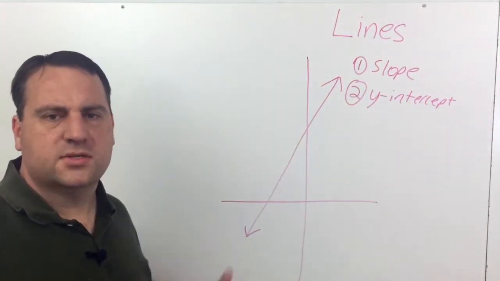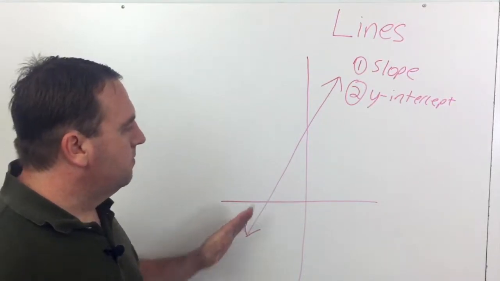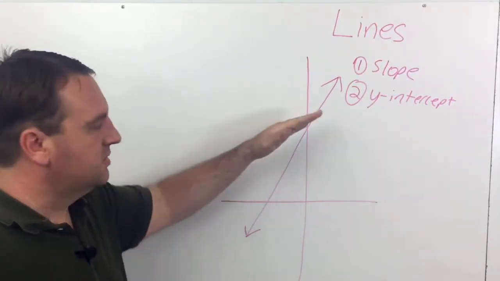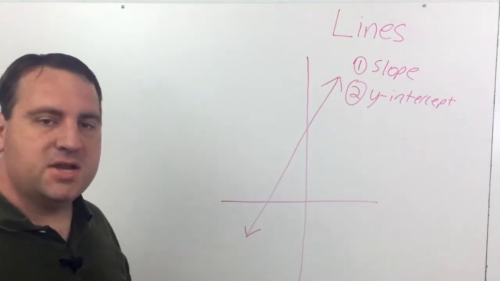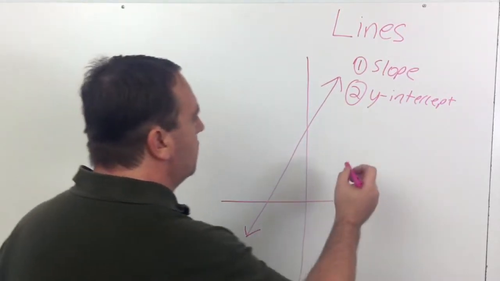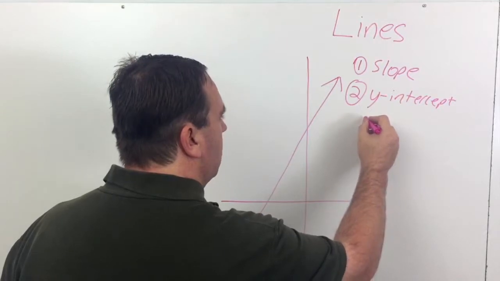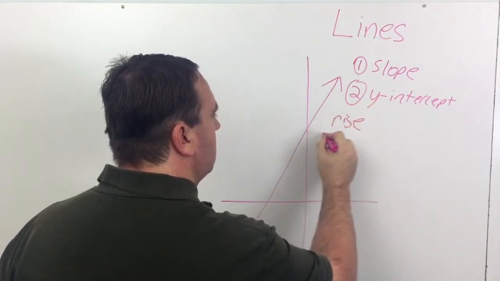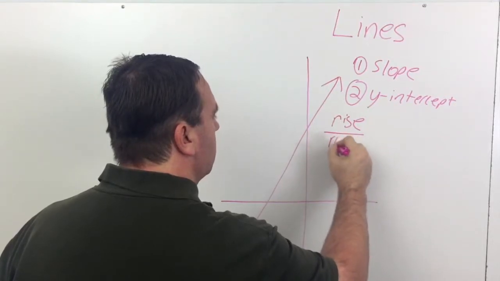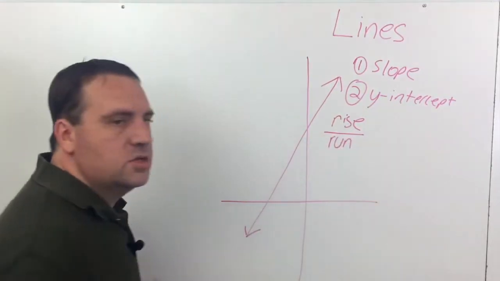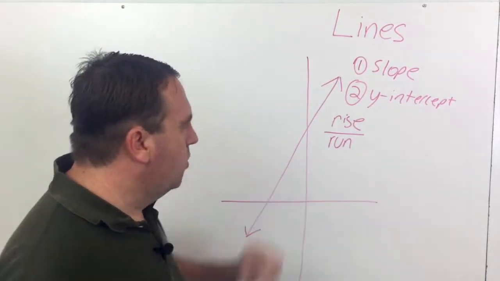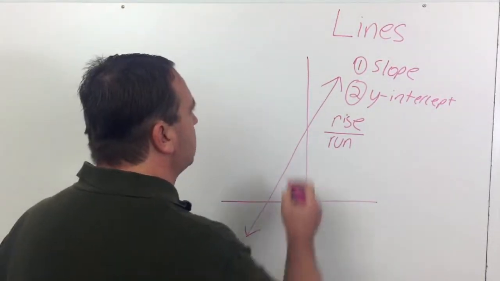Slope. What is a slope? Well, the slope is the directionality. How is this thing tilted? And it's measured as a ratio of rise over run. So what is rise? Well, rise is how much something goes up. And on which axis do we measure upness?